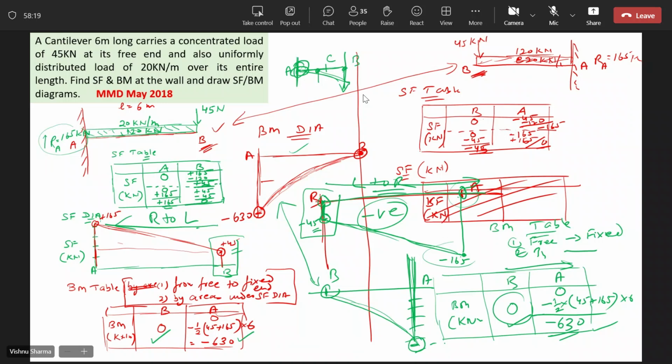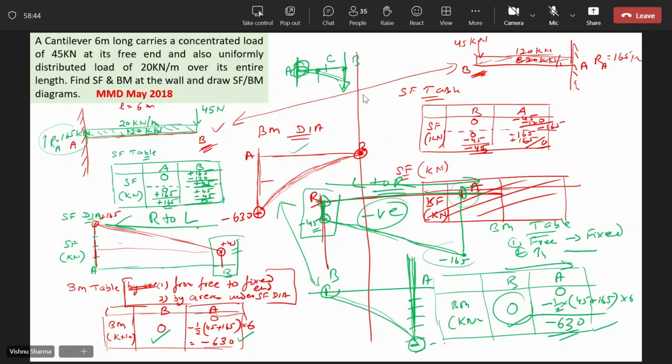But the problem here with MMD is people teach wrong and then they start making questions more complicated because they start picking up questions from here and there. Guys, there was a time when simple cantilever questions like this used to come in the exam, there used to be hue and cry that it is out of syllabus. And sometimes people used to change the question also.